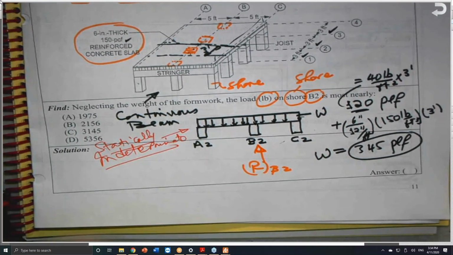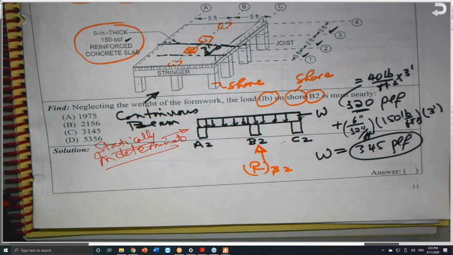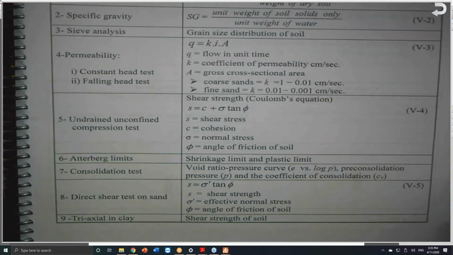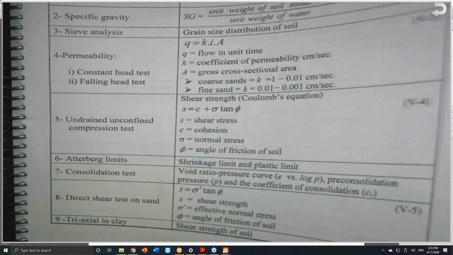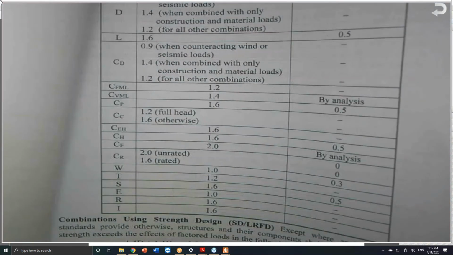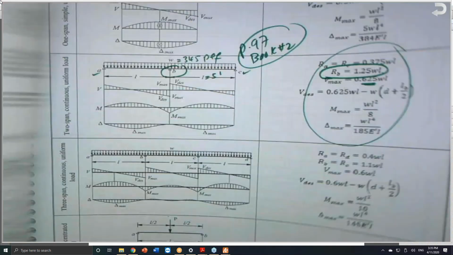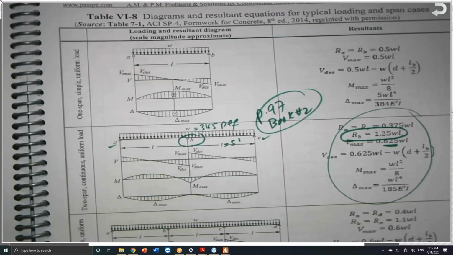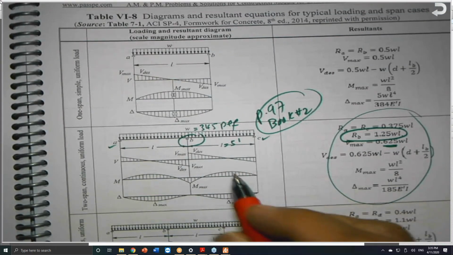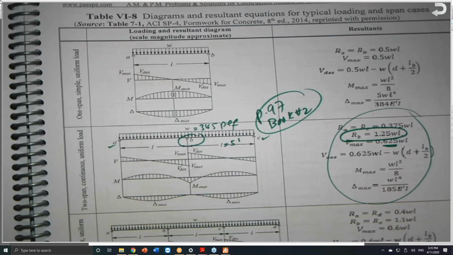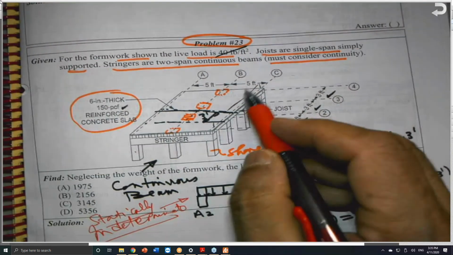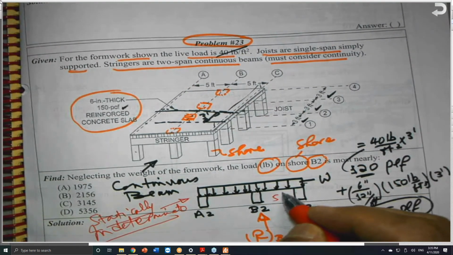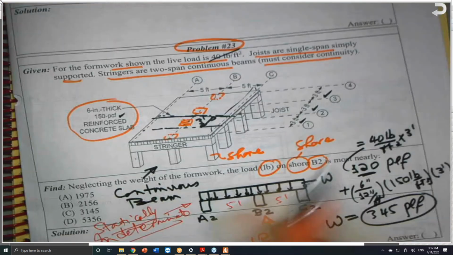There are 2 ways: go to the steel manual tables, or I provided you here with tables from the SB4. They have tables. Here it is in my book. This is 2 equal spans. Each one, in our case, is 5 and 5. So this is 5 feet and this is 5 feet given here.